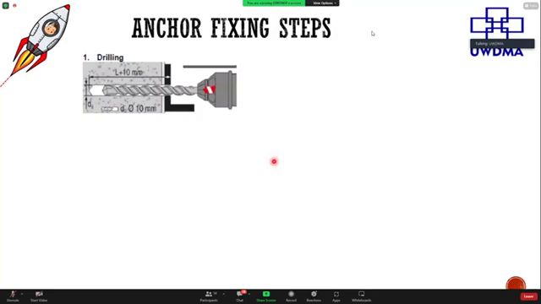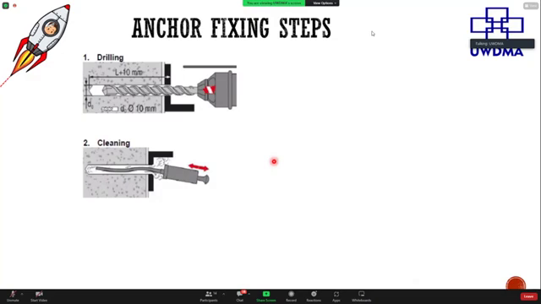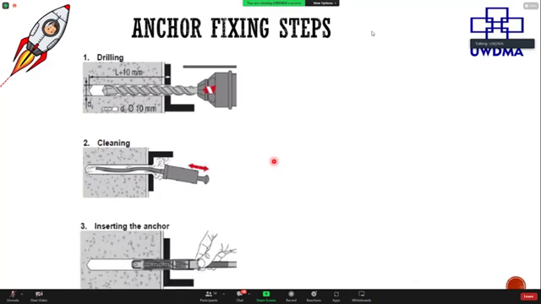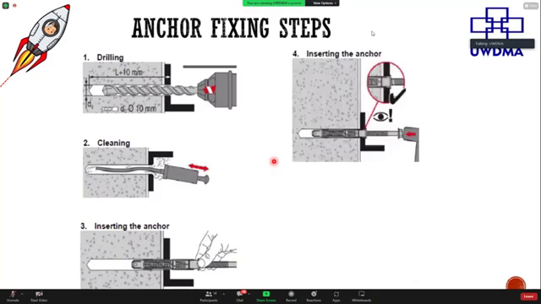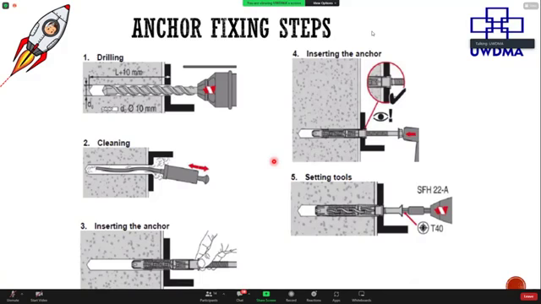So what are the main anchor fixing steps? First, you drill the hole into the wall, then you clean it with a blower, because when you drill there will be dust inside. Then you insert your sleeve, then you put your frame on that, and then you drive your screw in.